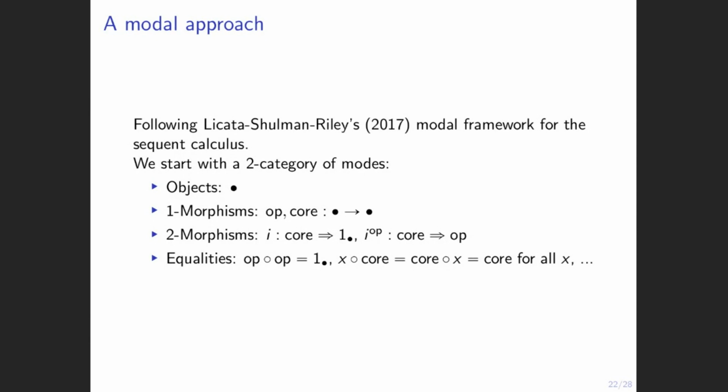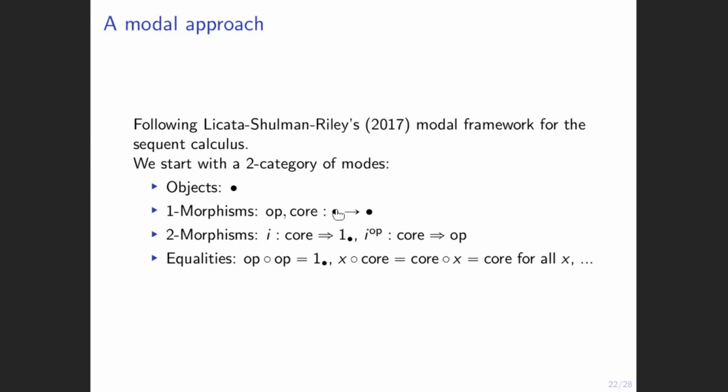The first layer is all about the modes. We have this two-category of modes with just one object. You would have different objects in this kind of modal type theory setup if you wanted different kinds of types, which we certainly could have in an extension of this, but here we just want to consider one kind of type. We have two different morphisms from this one object to itself: op and core.